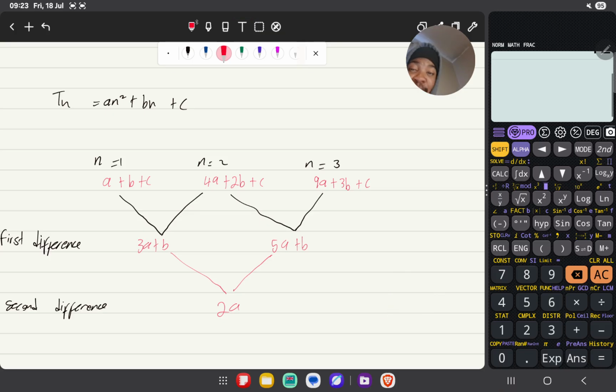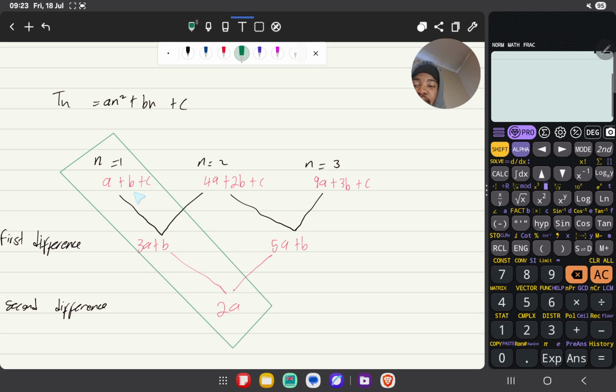And with what I have done, let me put it in a nice rectangle. Let's focus on this, okay? This is what I want us to focus on, because I'm sure you recognize these values.